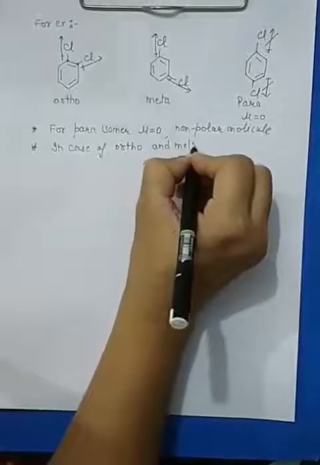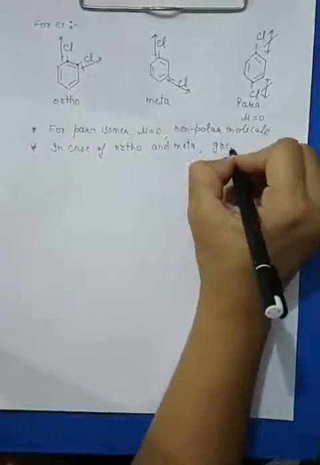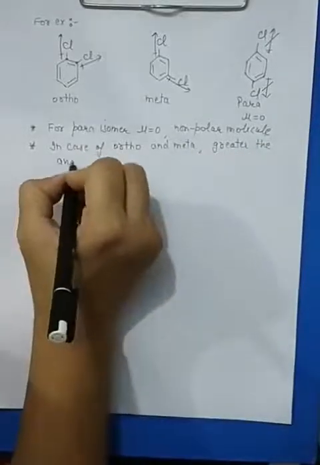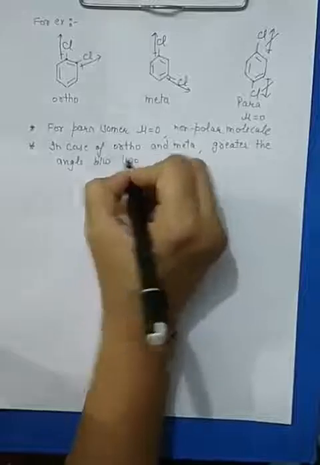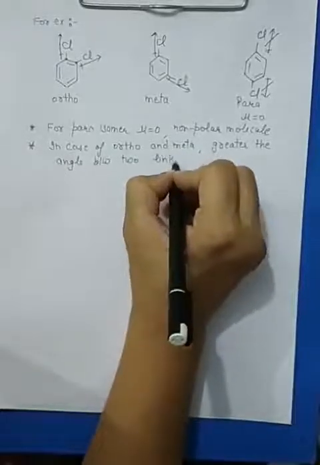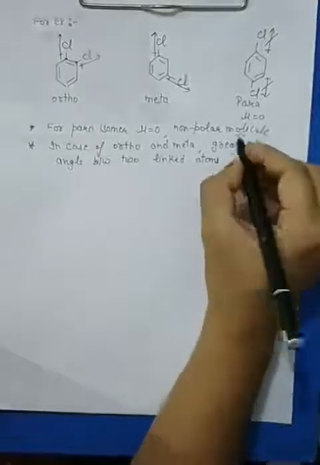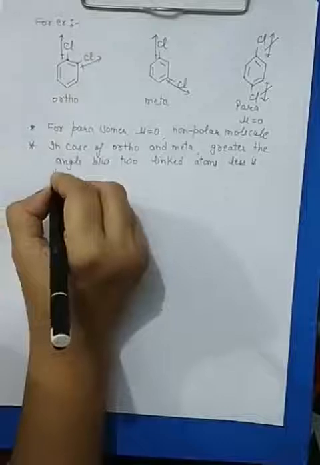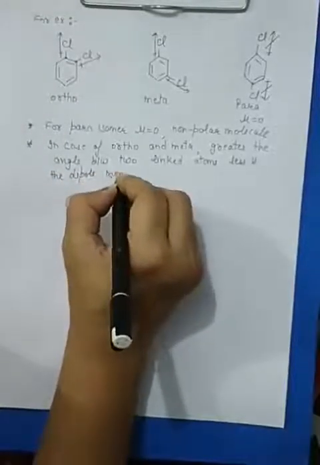But in case of ortho and meta, greater the angle between two linked atoms, less is the dipole moment.